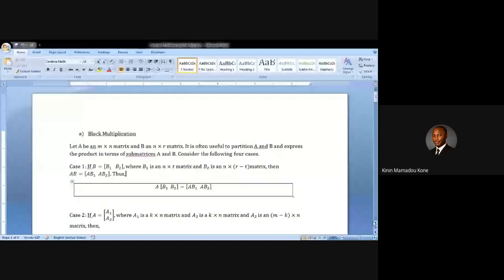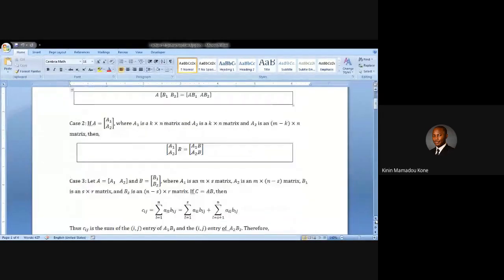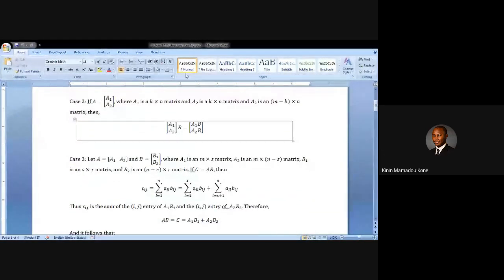Now, case number 2. If A is equal to A1, A2, you partition A by rows so that you create two matrices.